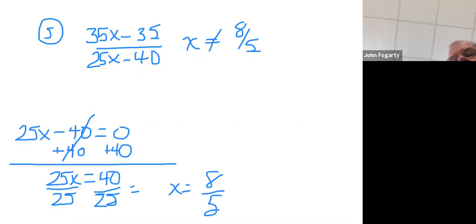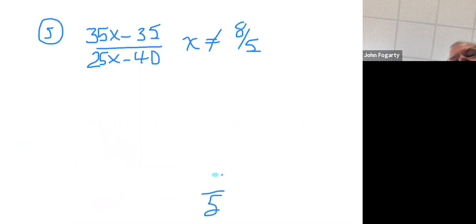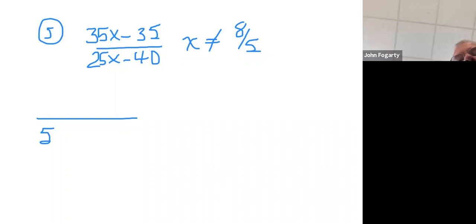All right? Makes sense? Yes or no? Now, let's simplify that. Well, we've learned when we solve this problem, what goes into both 25x and 40? 5, right? Is that the GCF between 25x and 40? Yes, sir.